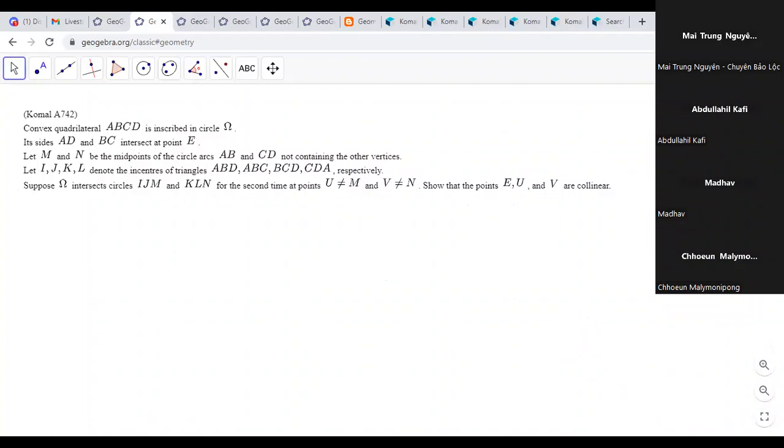So here is the next problem from Komal. I forgot the shortcut to maximizing my screen. There's some keyboard shortcut to maximizing. I don't know if it's like F12 or something. F11.